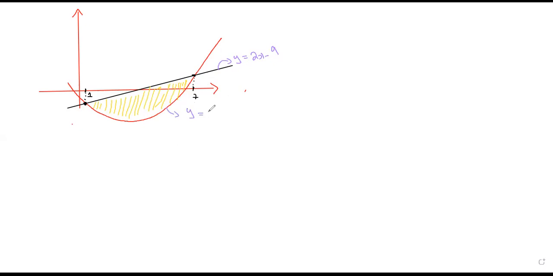And then this is y equals x squared minus 6x minus 2. This is the y-axis, and then this is the x-axis. Okay. Again, the question is that you need to find the shaded region that is shaded with the yellow color. So this is the question.